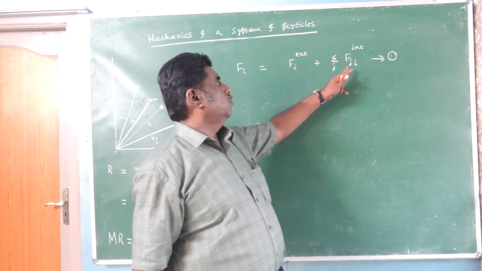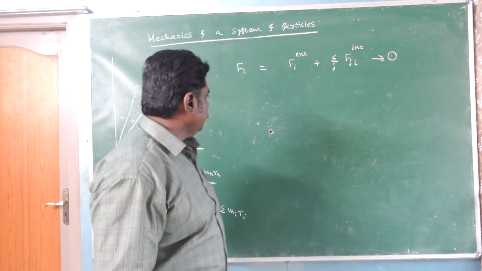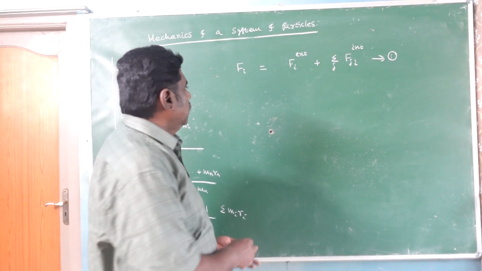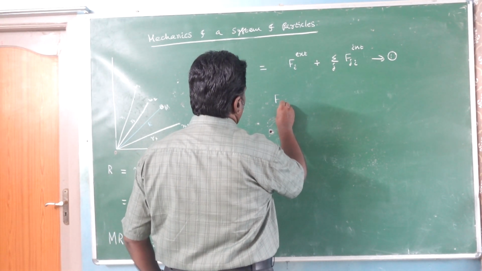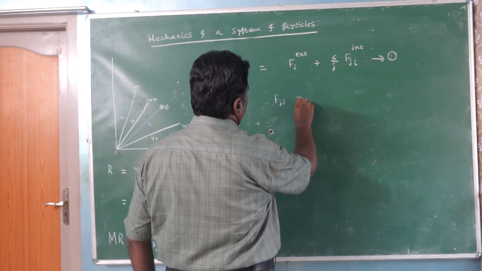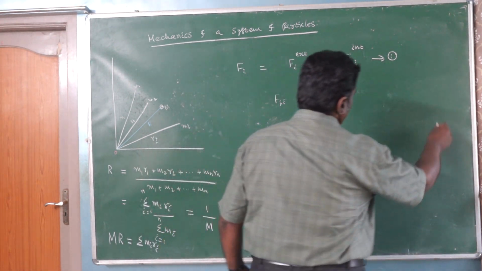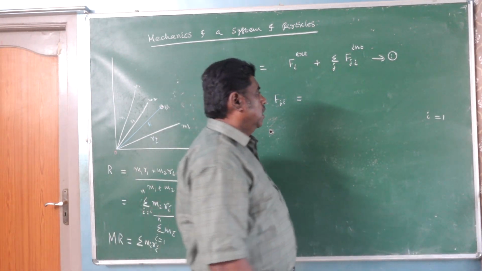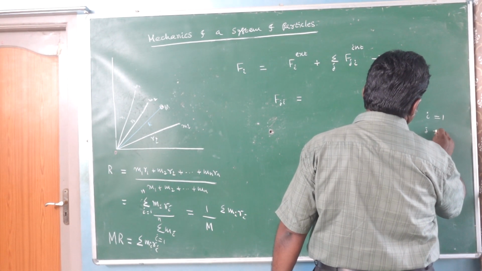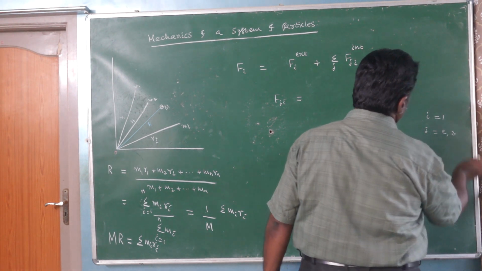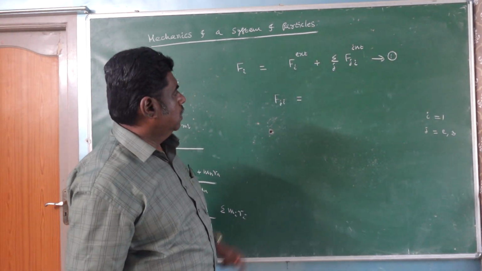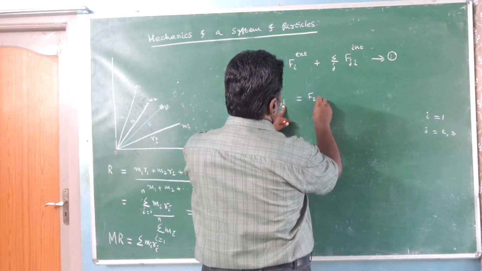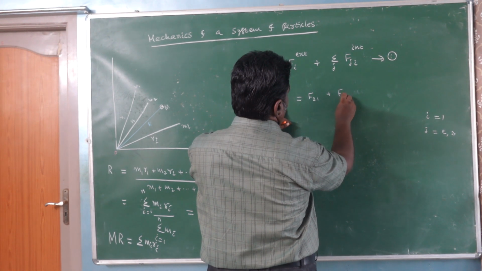In order to understand more about the second term, consider the system is having at least 3 particles. Then Fji, if you assume the first particle is our ith particle, the remaining 2 particles, that is, the possible values of j are 2 and 3. Now Fji is F21 plus F31.